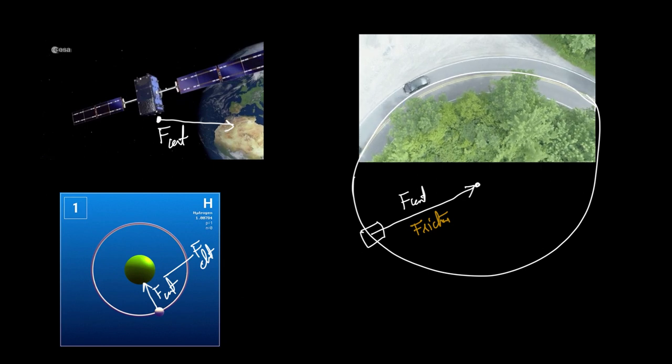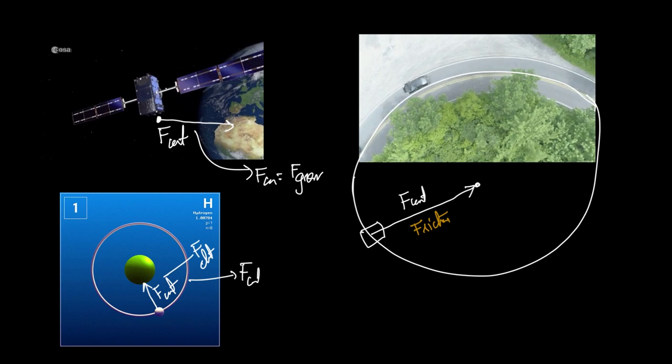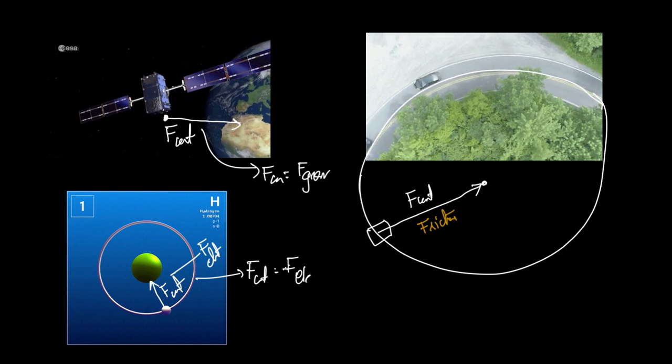Here F centripetal is equal to the F gravitational. Here F centripetal is equal to the F electrostatic, and here F centripetal is actually equal to the frictional force.